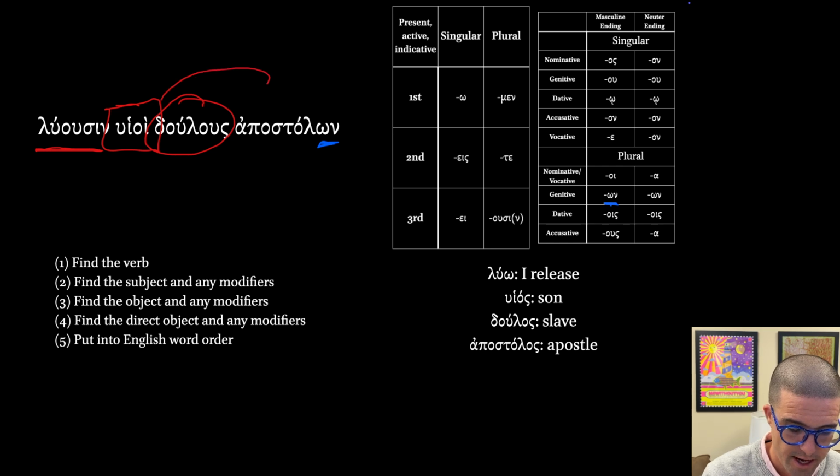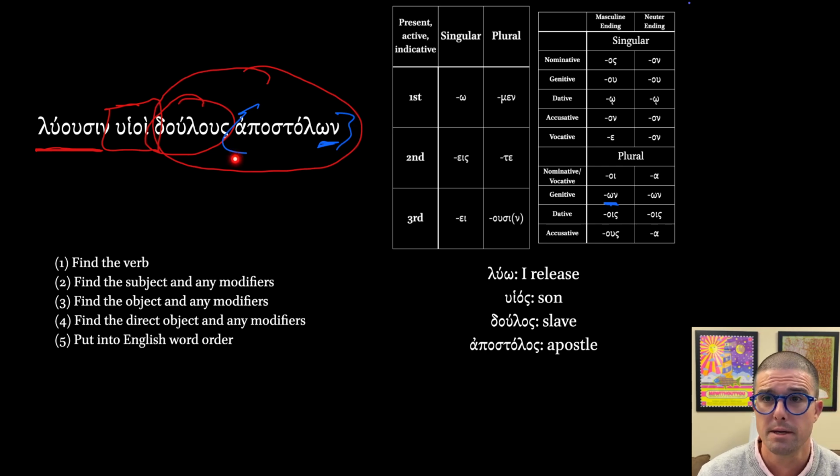So you can sort of think of these 2 words going together as the object. And very often how I normally mark the genitive is with blue squigglies, and the genitive normally follows the word that it modifies or goes with. So to put it all together, we have sons as our subject, which in English we like to have in first position in the sentence. Sons release, going over to the verb, slaves of apostles.